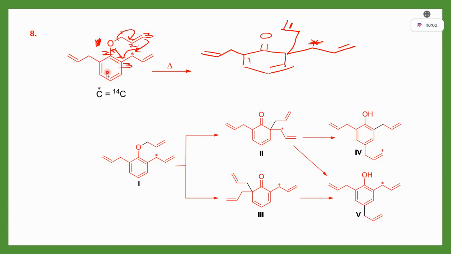If you draw another form of benzene in which the double bond is there, that possibility is also there. So one possibility, second possibility. Now, one, two, three, one, two, three. Here, Cope reaction. This is your Claisen followed by Cope. That can lead to formation of these. I hope I am clear.